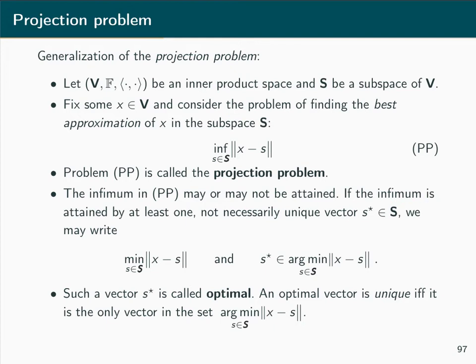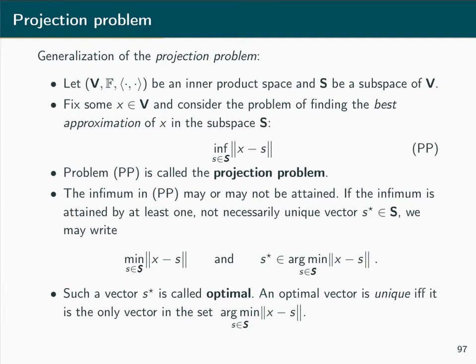But if the infimum is actually attained by at least one vector, which at this point is not necessarily assumed to be unique, so we just assume that there exists at least one vector s star in S, then we may write the minimum instead of the infimum, and we may write that s star is an element of the argmin of the norm of the vector x minus s for all vectors s in the subspace S. Such a vector s star in this argmin set will be called optimal.